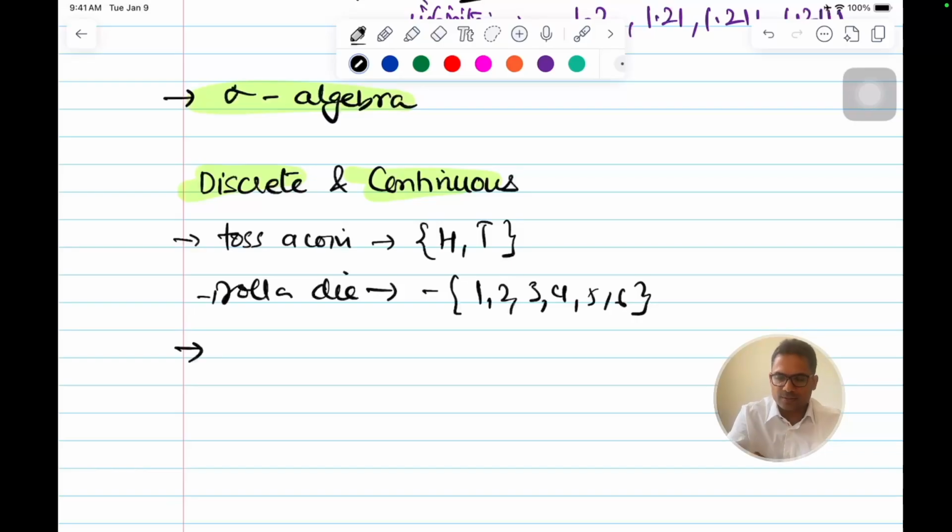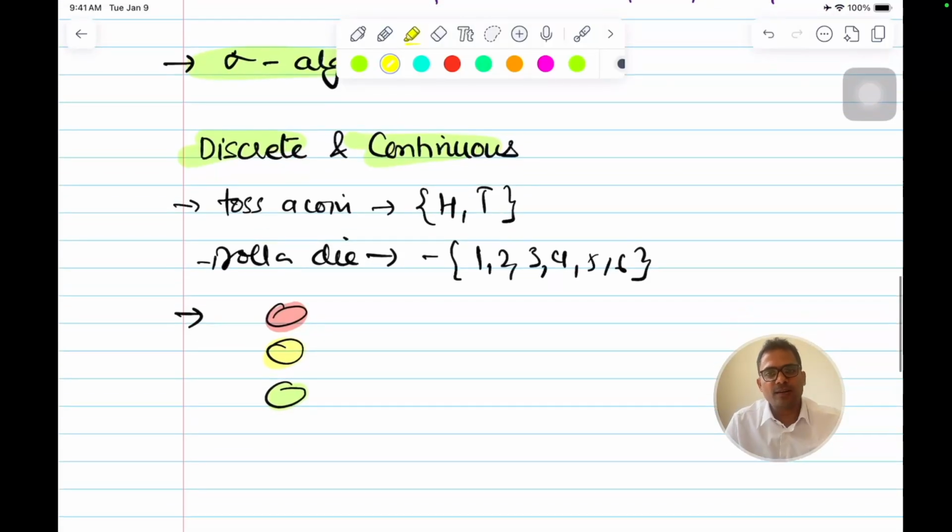And then, for example, if I am sitting at a traffic light and measuring the number of cars that are passing through or crossing that traffic light in 1 hour, this is also a finite and fixed number of events.